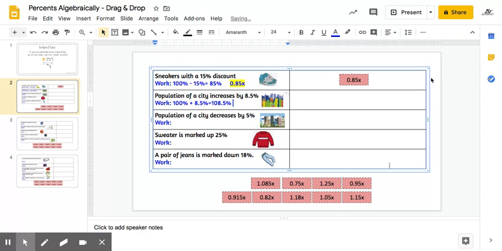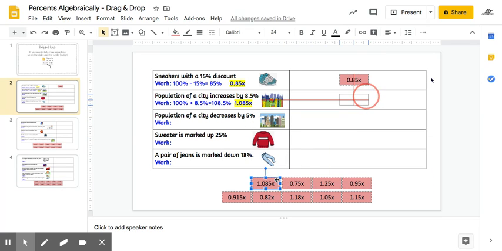Then I would determine, what is 108.5% of the population? Again, I don't have a specific number for the population. It is unknown, so I'm going to use the variable x. I have to multiply those two numbers together. Before I multiply, I have to convert that percent into a decimal. And 108.5% as a decimal is 1.085, times my variable x. So this is my answer. I'm now going to go to the bottom and drag that into the column to the right.